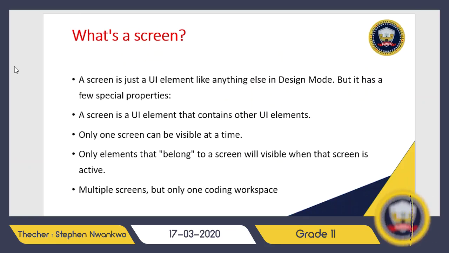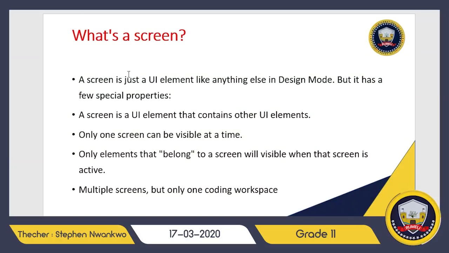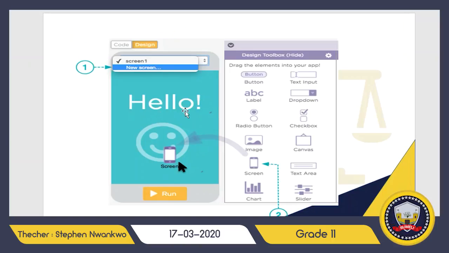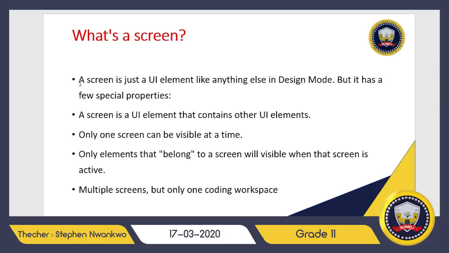But first and foremost, you need to know what a screen means. A screen is just a UI element like anything else in design mode. This is a screen. As you can see here, this is a screen of a phone, okay? And a screen means what?